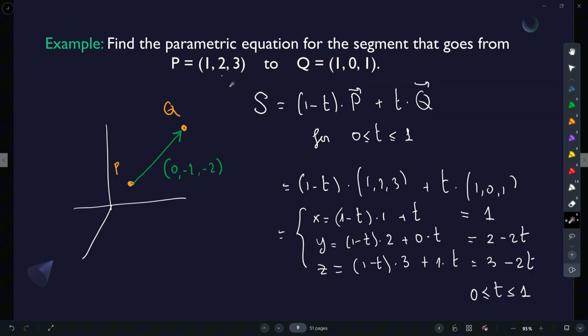If I do that, 1 minus 1 is 0, 0 minus 2 is minus 2, and 1 minus 3 is minus 2. So that is the correct direction vector. You can see that when I plug in T equals 0, I get the point (1, 2, 3). And if you plug in T equals 1, you should get Q. So this is the correct answer, the parametric equation for that segment.